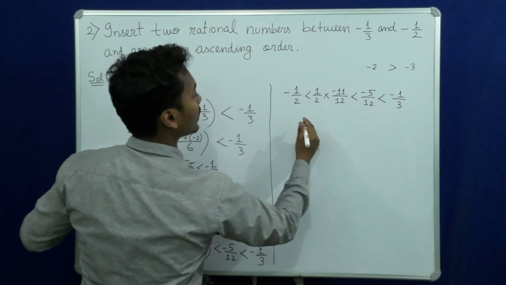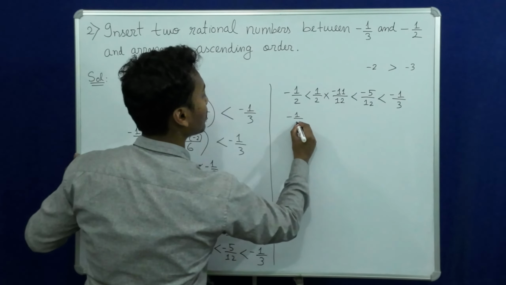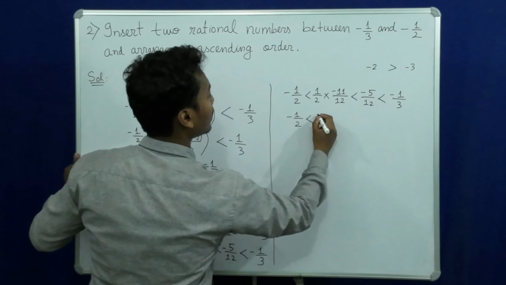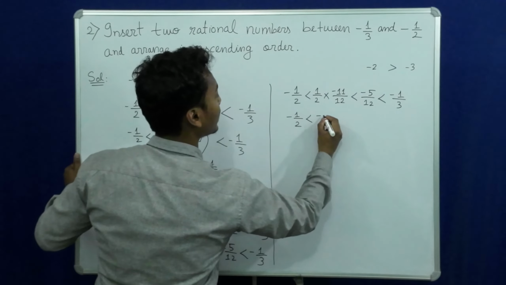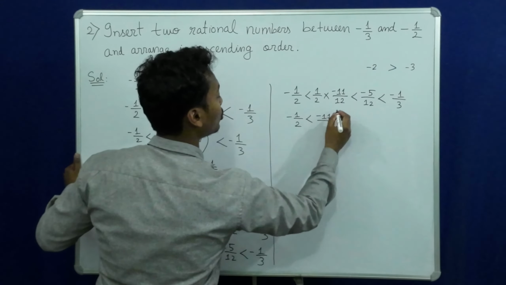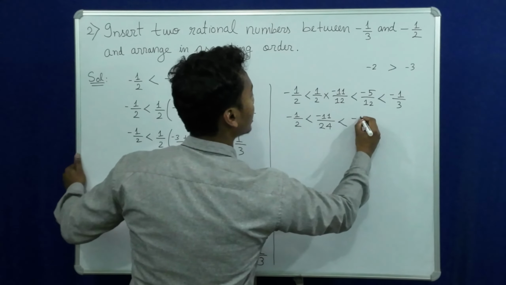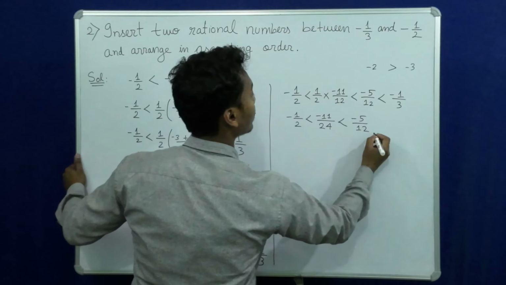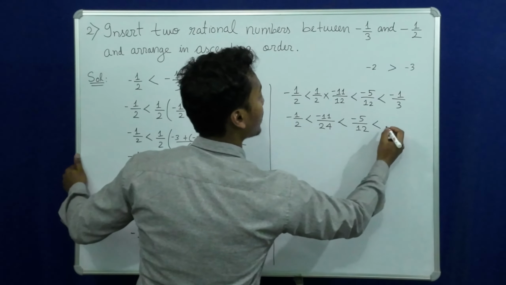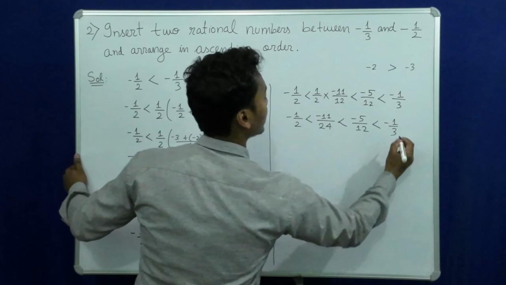So let's simplify this. So negative 1/2 less than 1 into negative 11 by 2 into 12, 24, less than negative 5/12 less than negative 1/3.